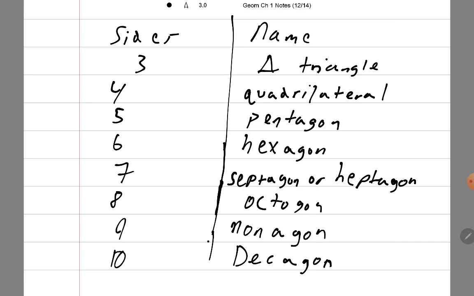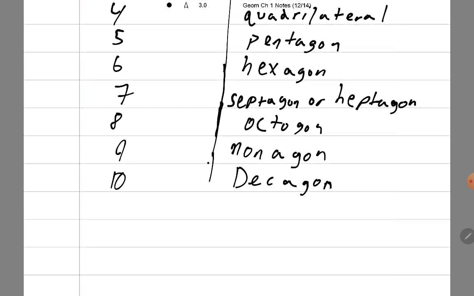I think, what is it? 12 is dodeca? Is that right? Let me check. Dodecagon. Yep. Dodecagon. Need to grab some water.